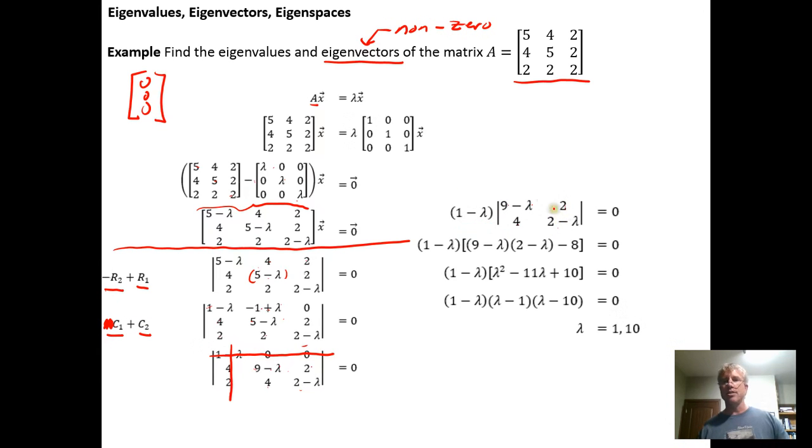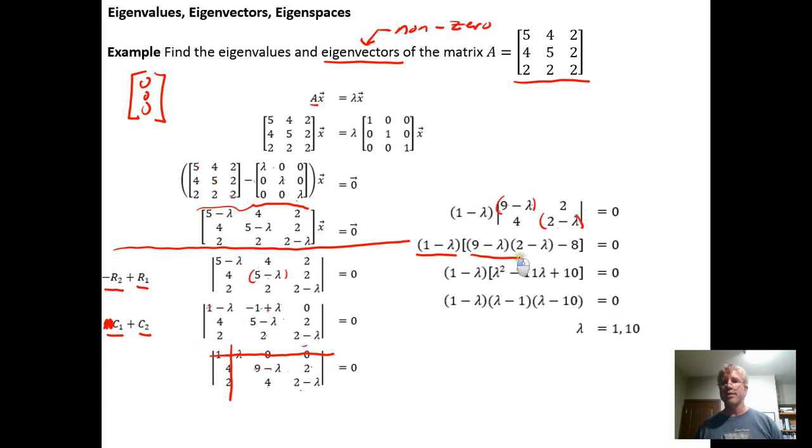And now this is just a 2 by 2 matrix, so to take the determinant of the 2 by 2 matrix, we take the product of the diagonal elements. So right here is the product of the diagonal elements minus the 8 that we get by taking the product of the other diagonal elements. I don't want to fuss with multiplying this into that parentheses because this is already in a factored form.